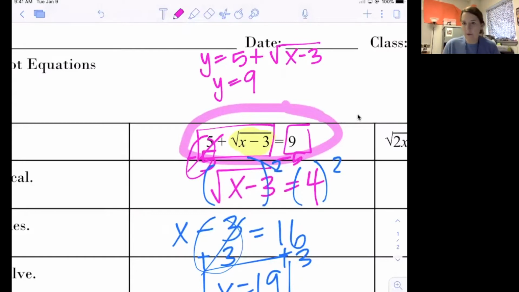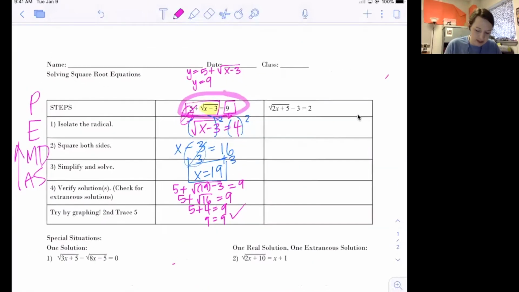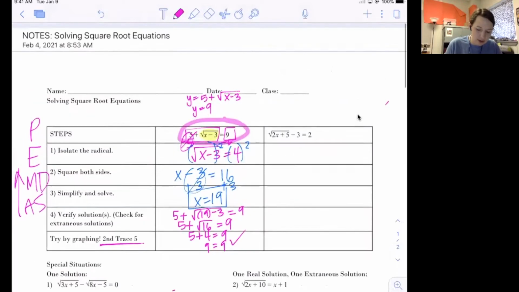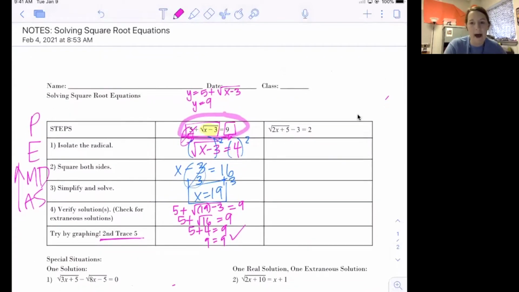And as we know from previous units, the solution is going to be where those two things intersect. So once you put those in your y equals, you're going to hit second trace 5. And 5 stands for the intersection on your list. Okay, so this is going to be on a TI-84.